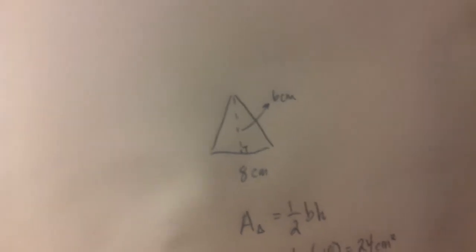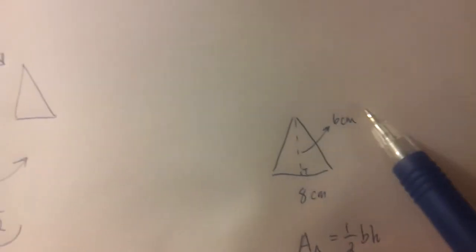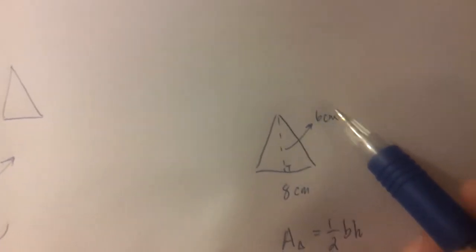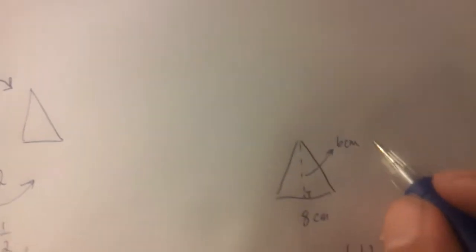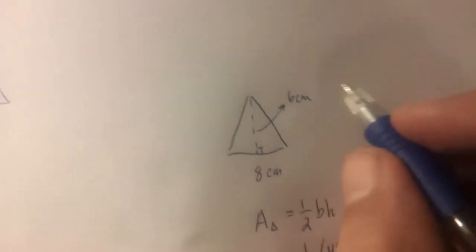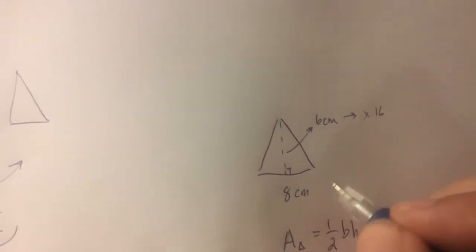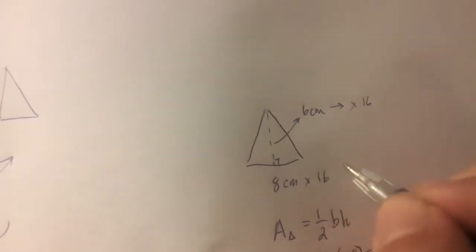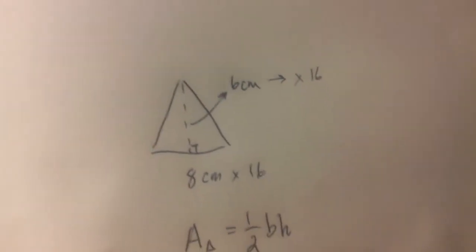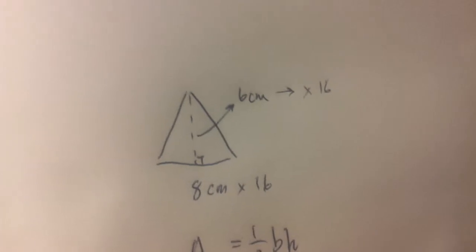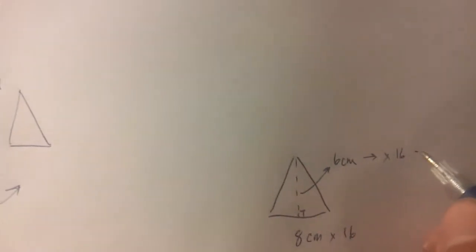So now if I was going to multiply that out by 16, I'm just going to do this and show you why it's wrong. Let's say I take 6 and I multiply it by 16, and I take 8 and multiply it by 16. Well, 6 times 16 is 60 plus 36, or 96.